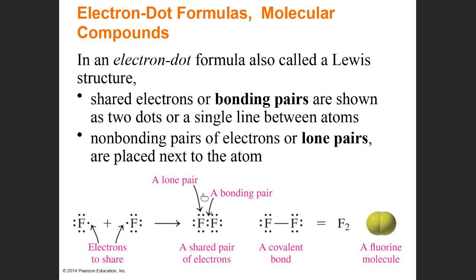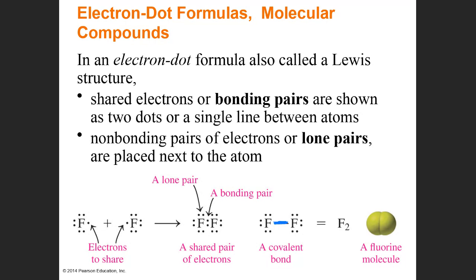So the electrons that aren't being shared we're going to refer to as lone pair electrons, and the electrons that are being shared between the two are going to be called bonding pairs. We'll get to why we like to put electrons in pairs in later chapters, but for now, just accept that part. You'll be getting an explanation.